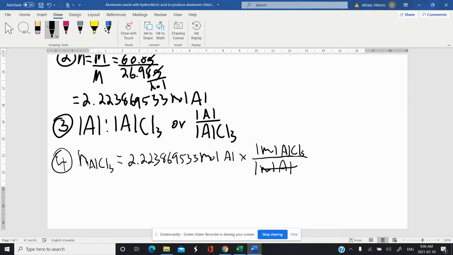So we can cross out moles of aluminum, and we're left with 2.223869533 moles of aluminum chloride.